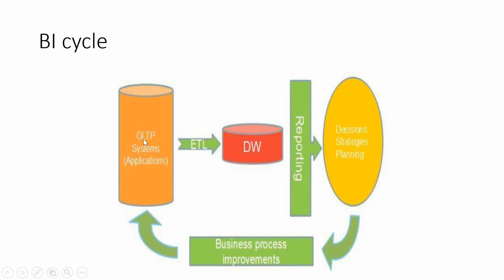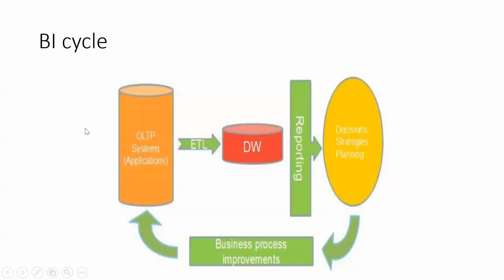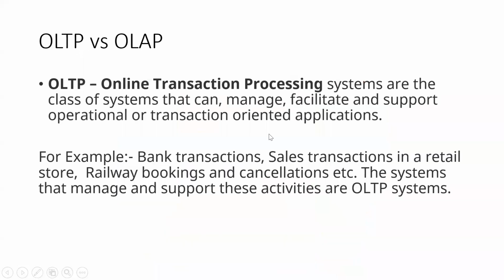Okay, so here it's OLTP. Now, what is OLTP and what is OLAP? As of now, you can see this is the OLTP system, and OLAP is stored over here in the data warehouse section. This is mainly OLAP, ready for analysis purposes.